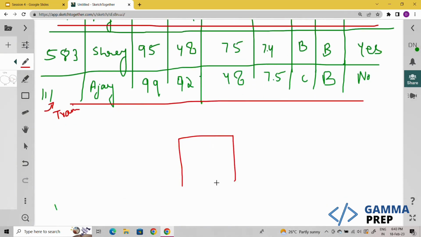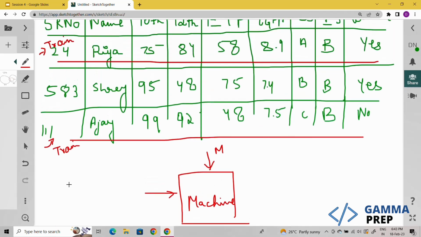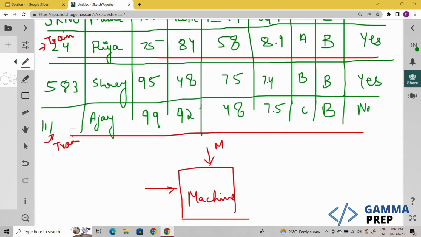So what do we say is, let's say we have to build a model M, and we are telling the machine that, hey, you have to build the model M, and you provide basically this record and this record. So you provide 24, Ria, 75, 84, 58, 88.9, A, B. This is one of the records.